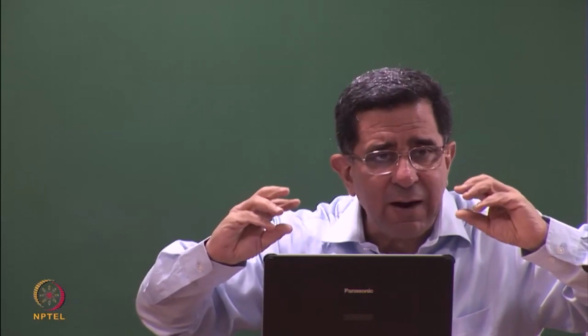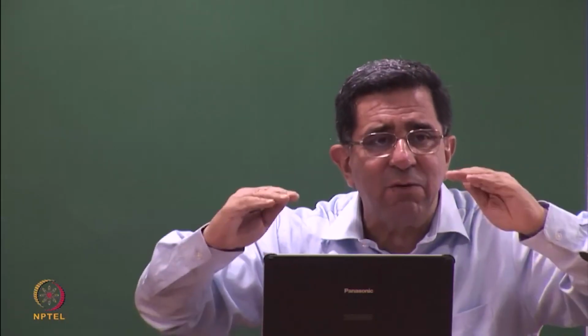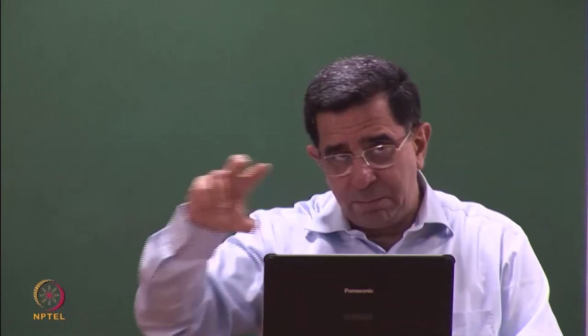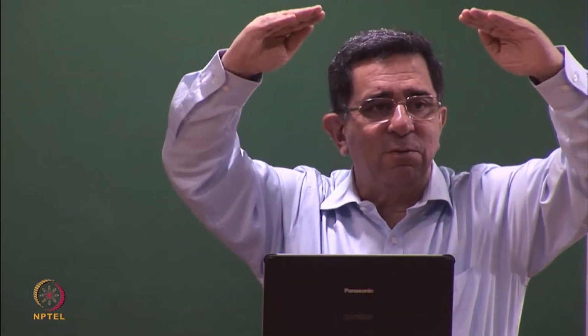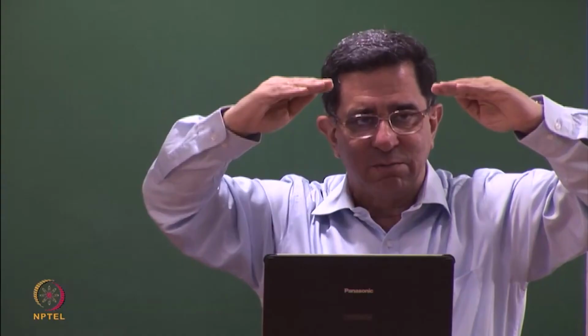If water expands during cold months, the building will heave. So you want a protection called the frost penetration protection, and that can be done by putting a layer of tire chips, because they have low thermal conductivity and they reduce the frost penetration. That means frost will start from the top and start to solidify downwards, right?